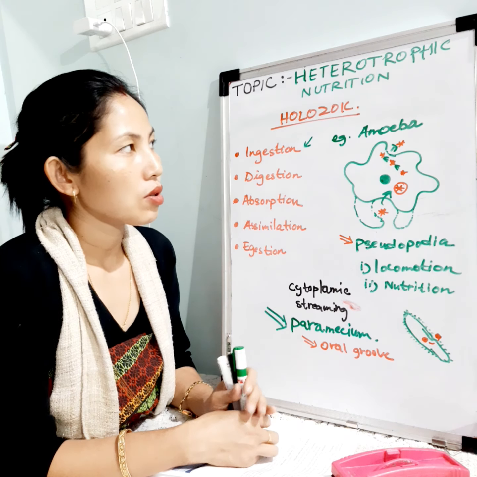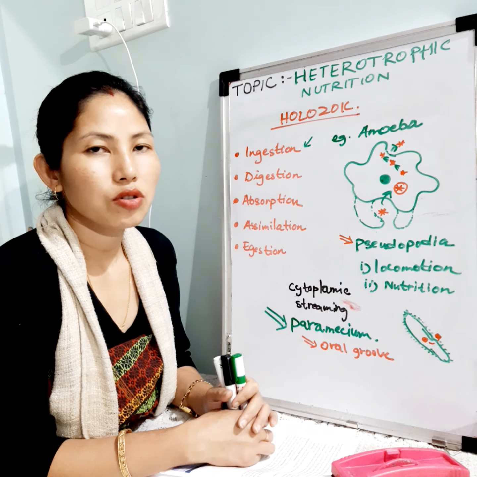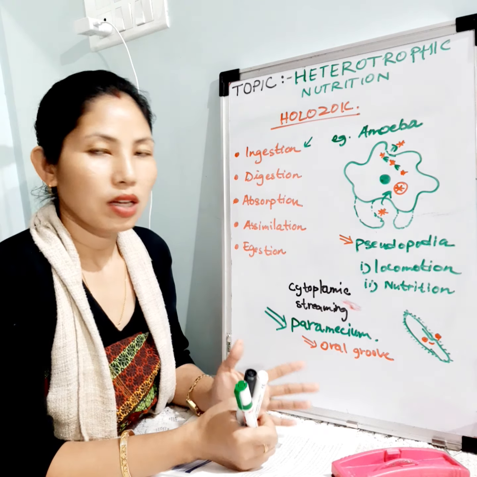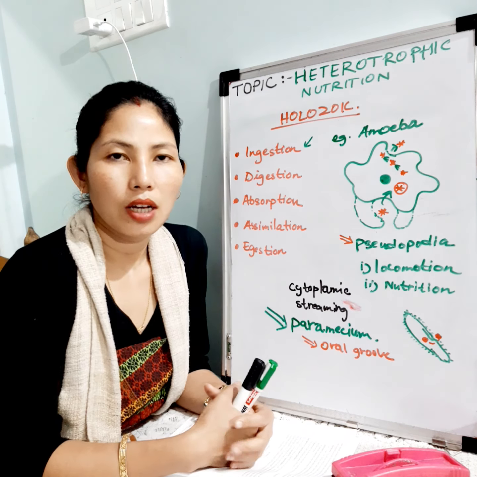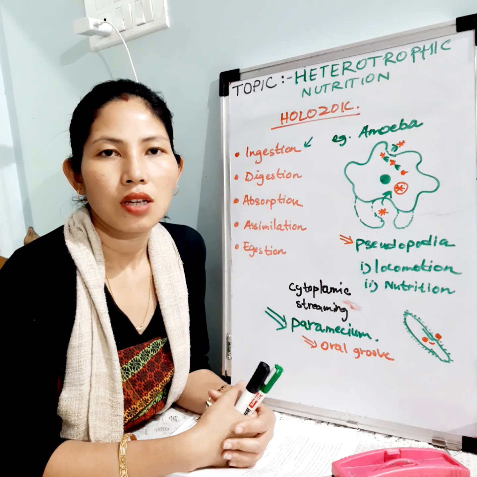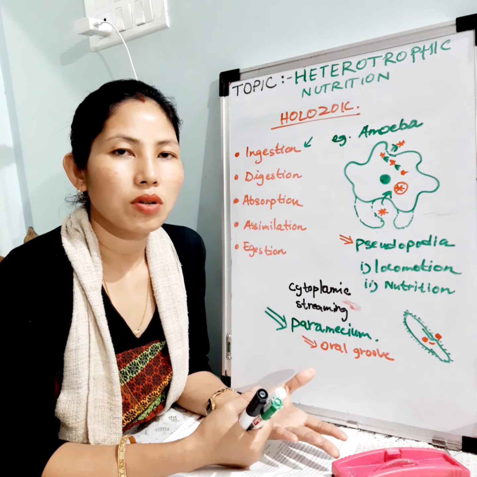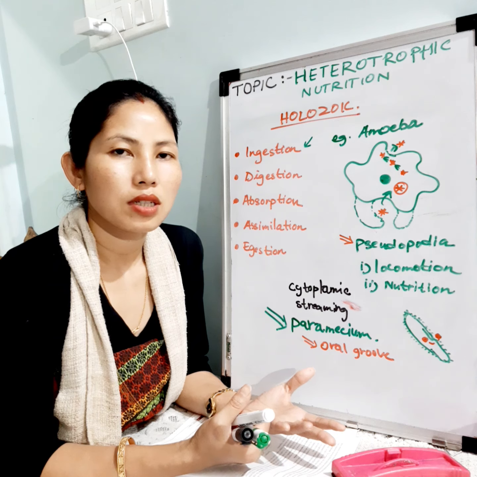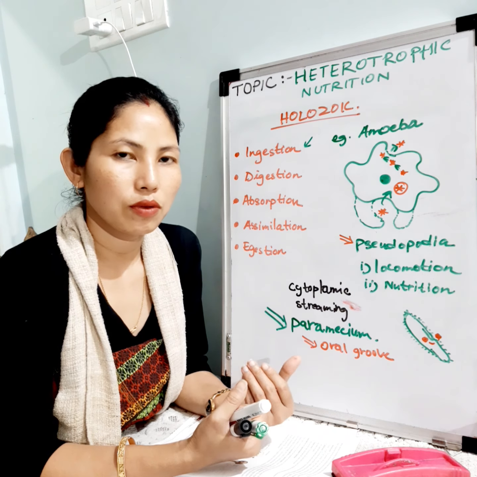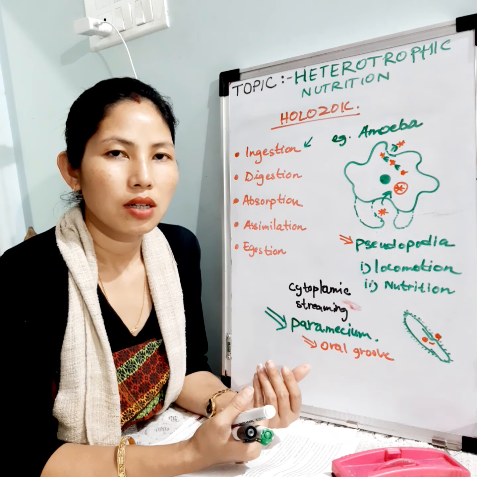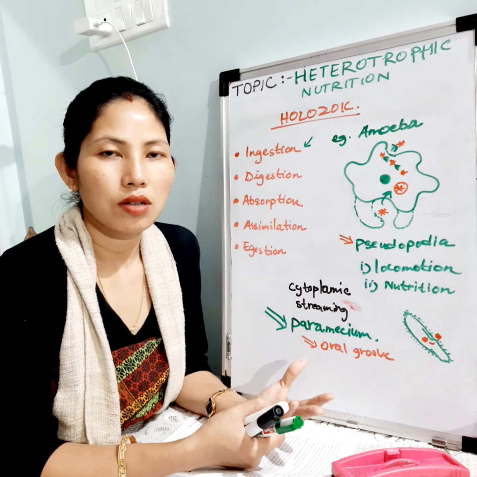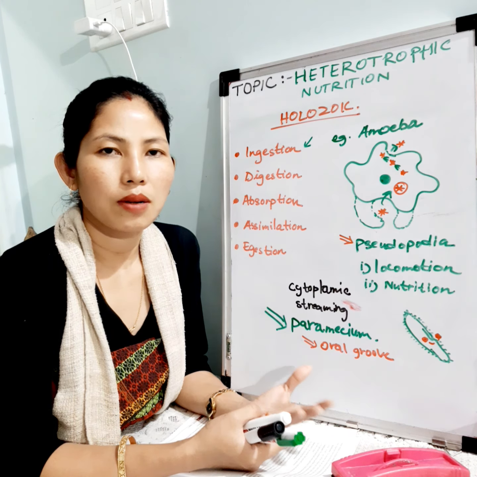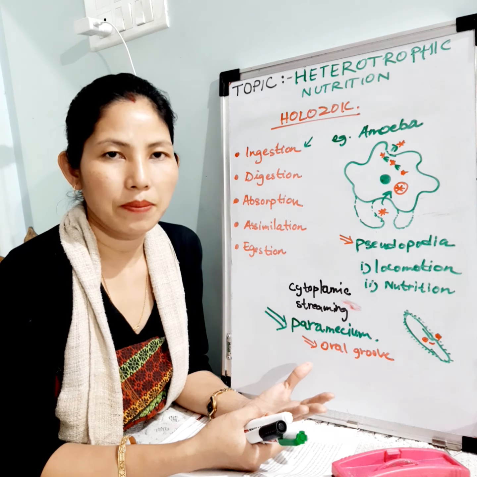So this is about the heterotrophic mode of nutrition. Let us go for a quick revision. There are three different types of heterotrophic nutrition, which are based on their strategy to take their food. For example, fungi hydrolyze food outside their body with the help of enzymes secreted by them.